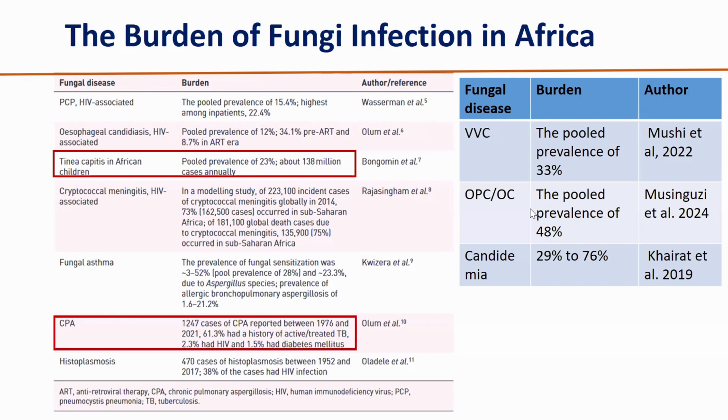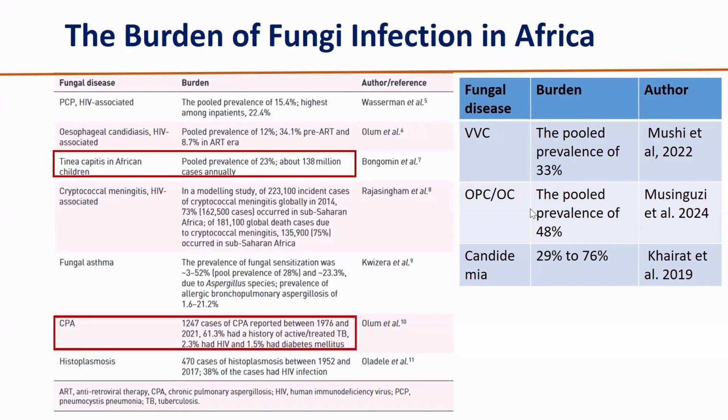But looking at oral candidiasis and oropharyngeal candidiasis, the pooled prevalence is reported at 48%. And when you look at blood candidiasis, which is life-threatening, the prevalence ranges from 29% to 76%, and this is based on the population that has been studied and the individuals that have been involved in the study.